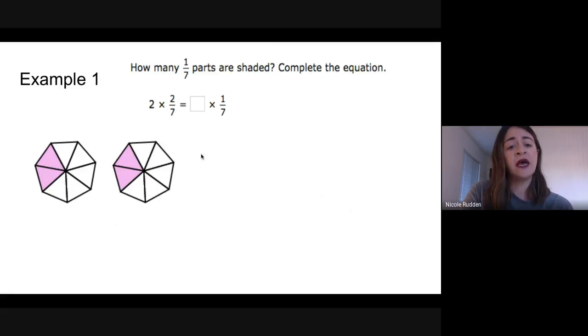So they're asking you how many 1/7 are shaded all together. What they're going to be showing you is that 2 times 2/7 is equivalent to, you got it, 4 times 1/7. 4 of those parts are shaded.